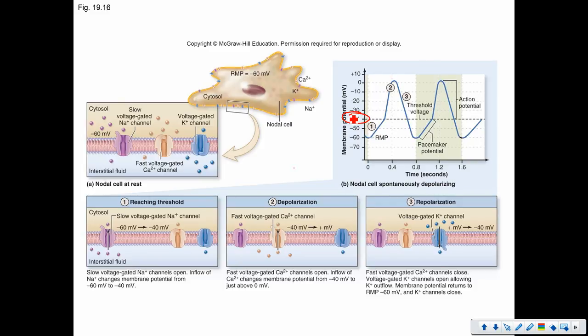But threshold is the voltage when, upon reaching it, it leads to an action potential of that tissue, which means that you get a sudden surge of a positive ion into the cell, making the inside of the cell less negative and more positive. Does that make sense? Yes. Okay. And if you need me to explain more, I can.